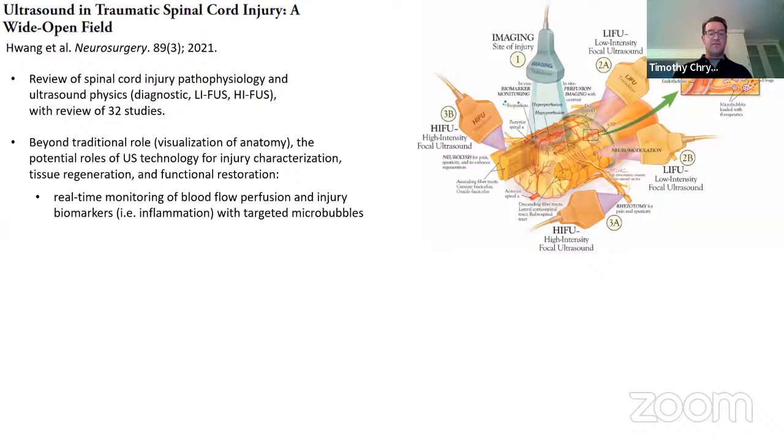Other areas requiring research: biomarkers of injury, inflammation. There are some preclinical studies looking at targeted microbubbles, specifically targeted to markers of inflammation, and what this may tell us about prognosis. There's certainly room for ultrasound, really getting into the focused ultrasound portion of things.